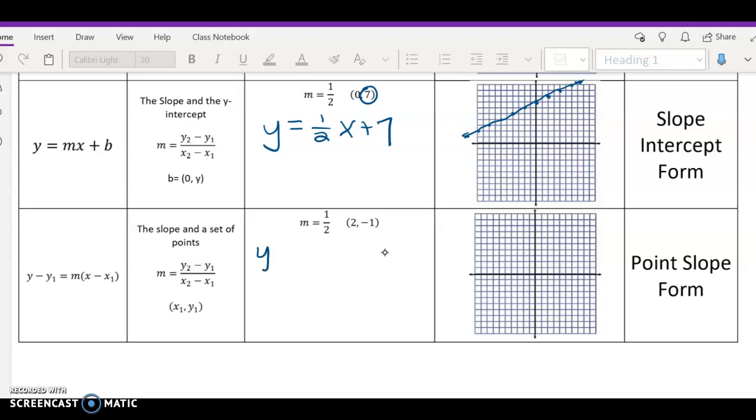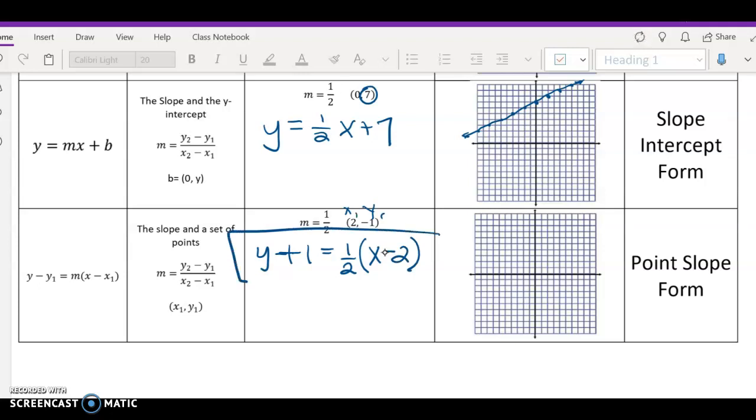So we have y minus our y1, which is negative 1. When we have minus and negative, it turns to plus, equals our m, which is 1/2, times x minus our x1, which is 2.